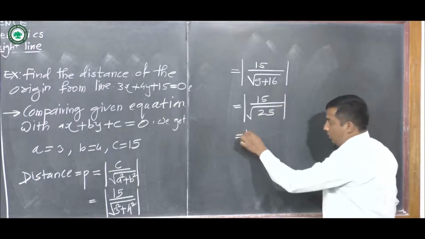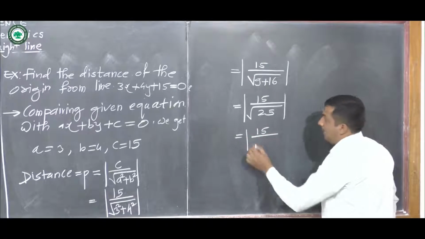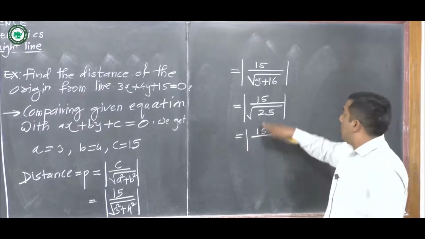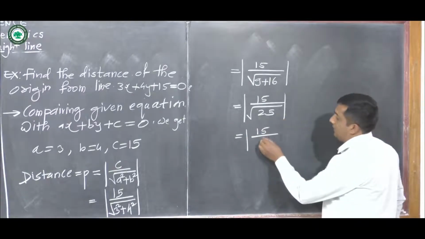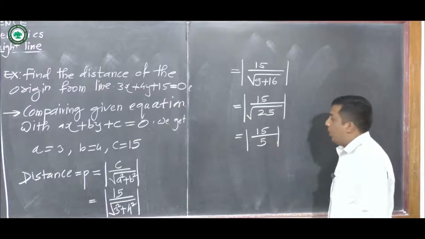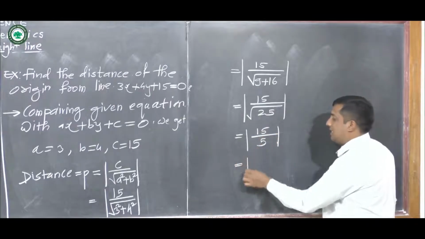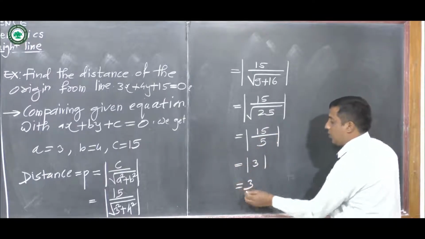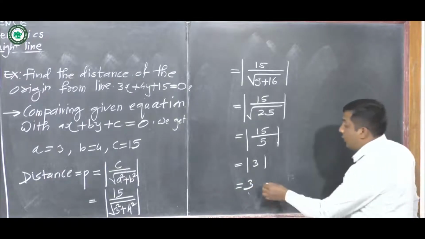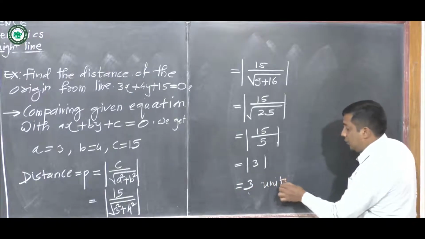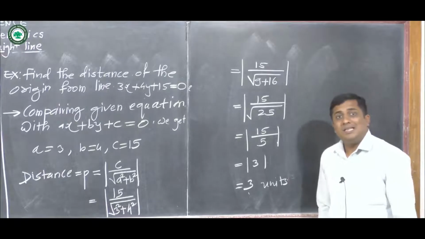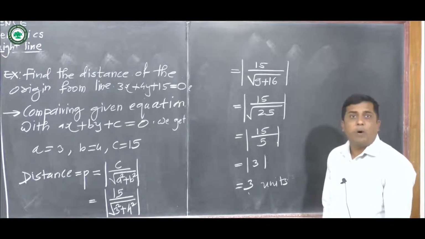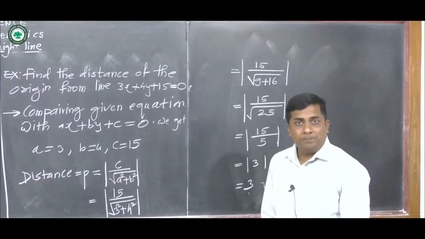This is equal to inside the mod 15 upon, we know the square root of 25 is 5. We know 15 upon 5 is 3 and this is equal to 3 units. So this is the distance of the origin from the given line.